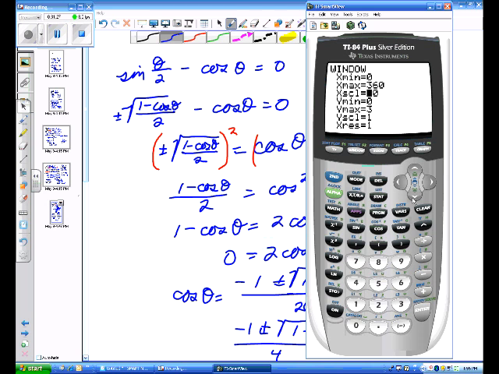So let's go down to maybe -1 because we need to see all the places where it crosses the x-axis. Okay, now what we do is we do second calculate, and we're wanting our zeros here because we let it equal 0. So we move it to where we're crossing the x-axis.